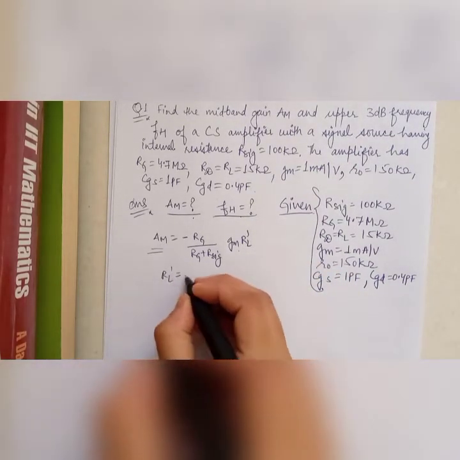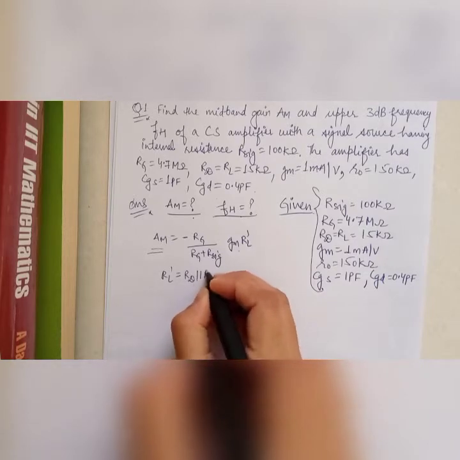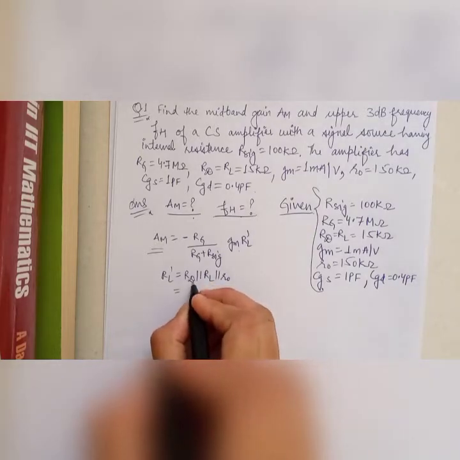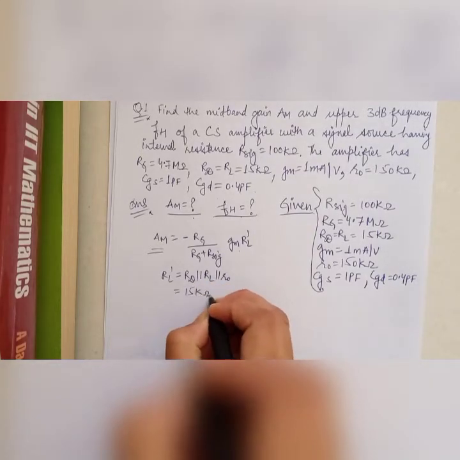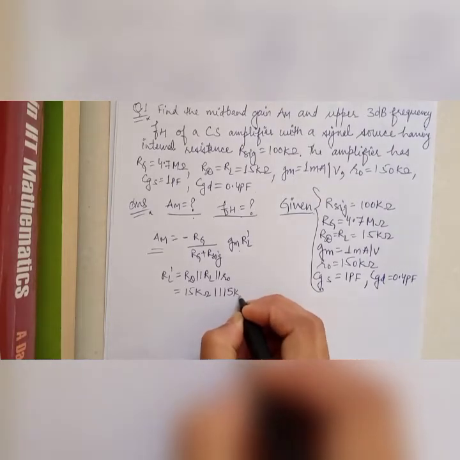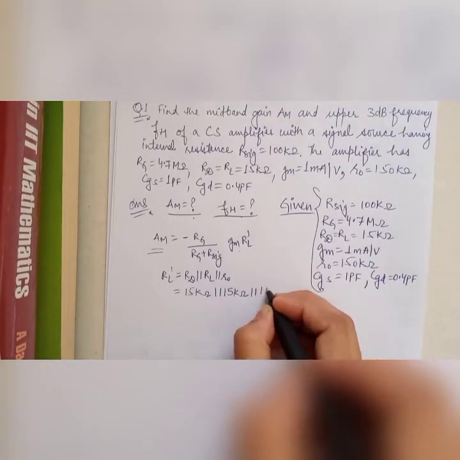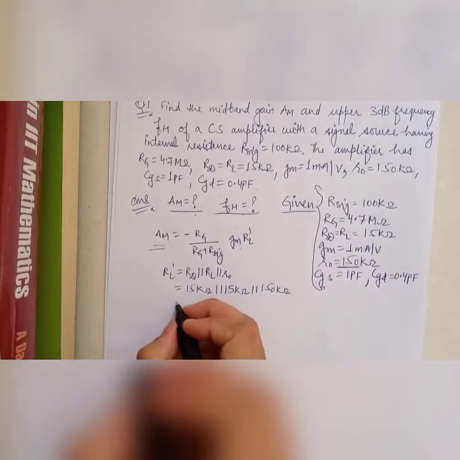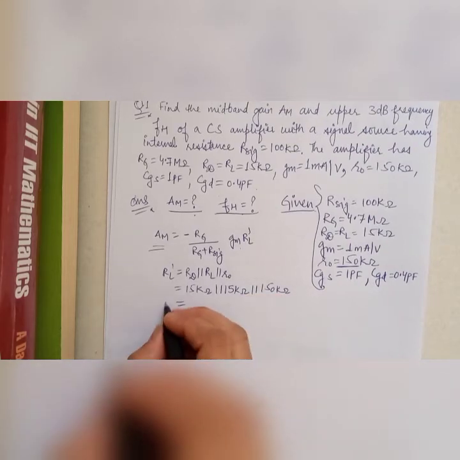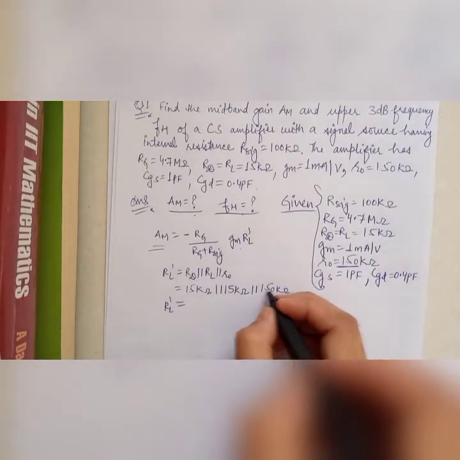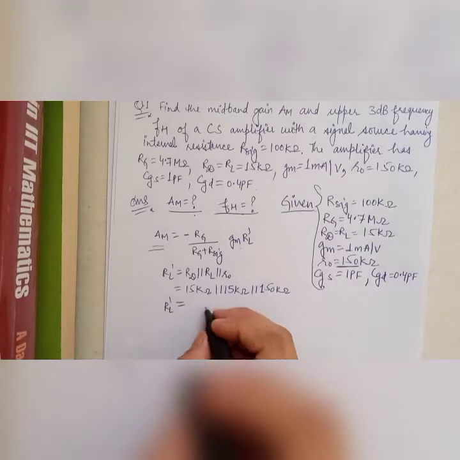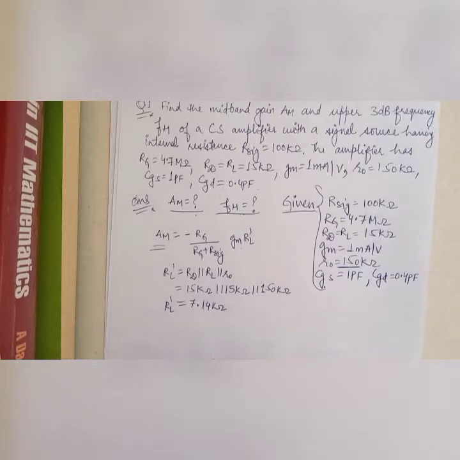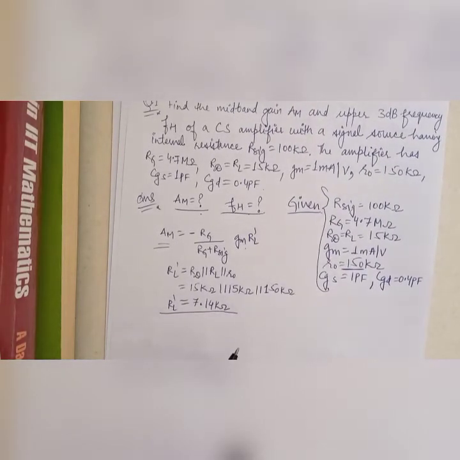RL dash is nothing but the parallel combination of RD parallel with RL parallel with small r naught. I know RD given to me is 15 kilo ohm. RL given to me is 15 kilo ohm. R naught given to me is 150 kilo ohm. Now let's calculate the parallel combination of this. You can just try it out. When you calculate the parallel combination, I am getting the value 7.14 kilo ohms. So here I got the value of RL dash.